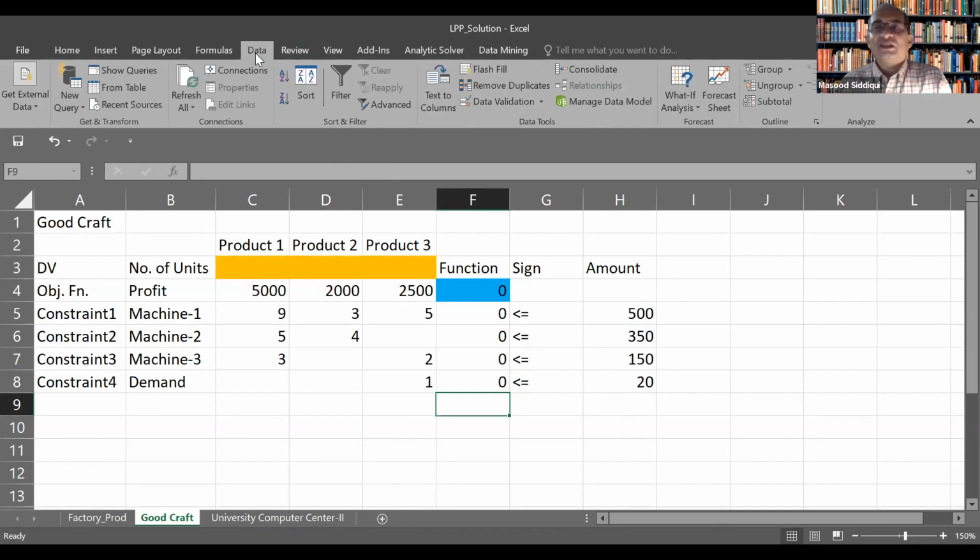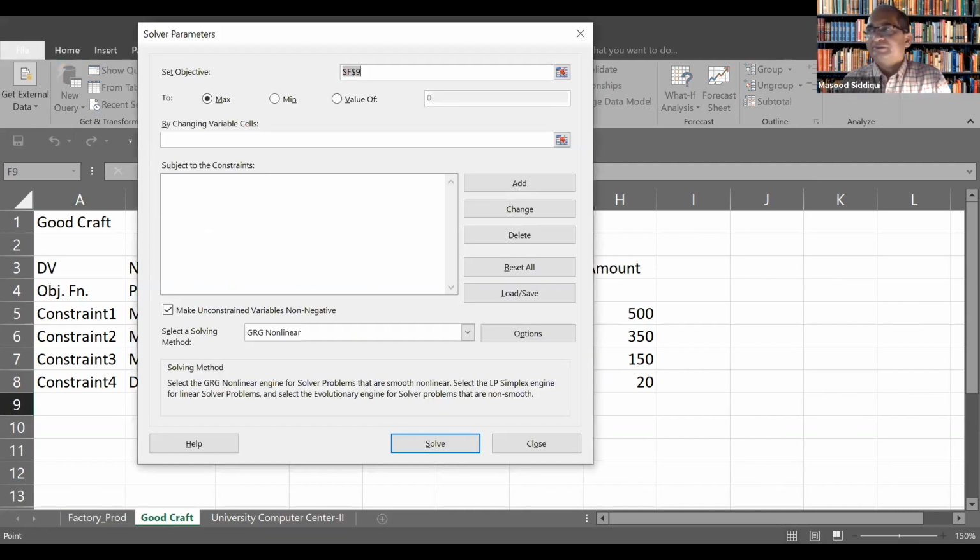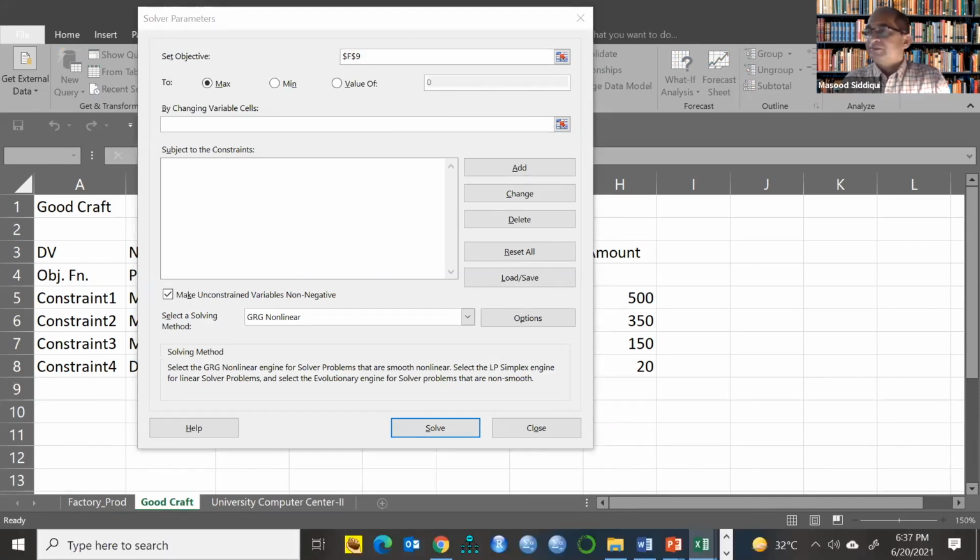So we go to the data part, right? And we press solver. So this is the solver, right?